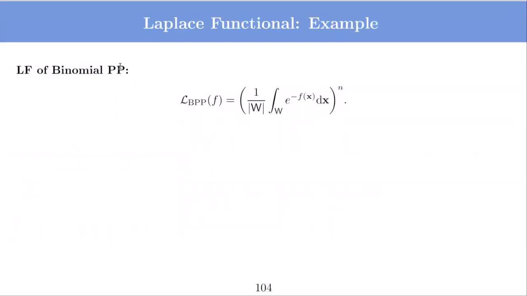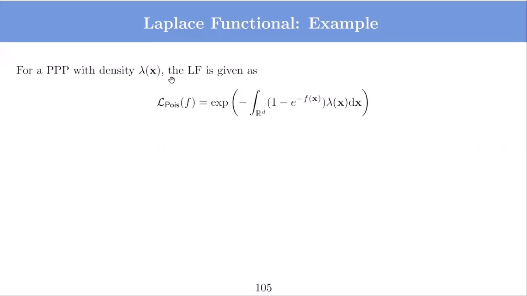So I'll just state some results and you can prove them, because we have gone through how we can compute the PGFL for these. The Laplace functional is either computed the same way directly, or you can just use the PGFL to get this. The Laplace functional of a binomial point process for n points in the area W is given by 1 upon the size of W, integral of e to the minus f(x) dx, to the power n.